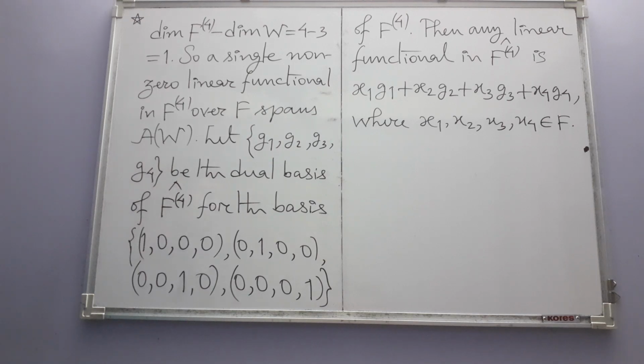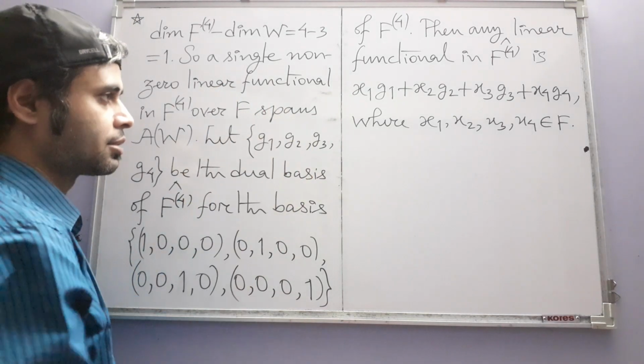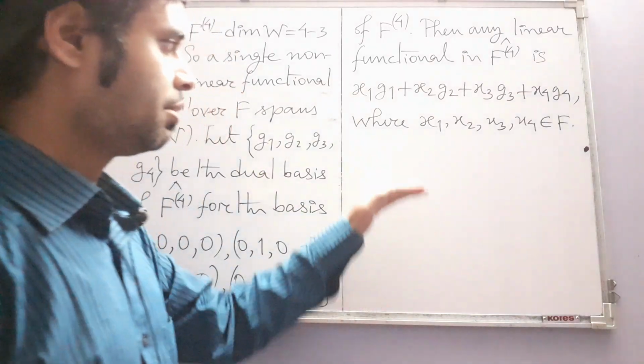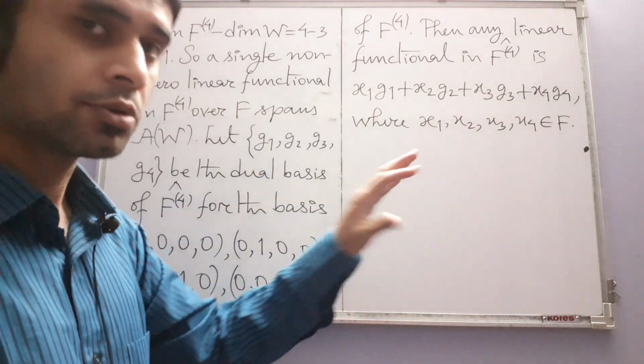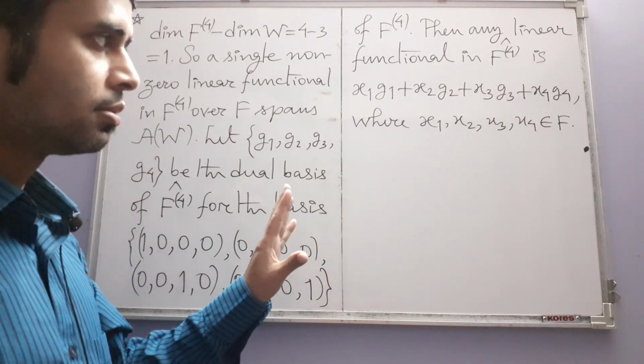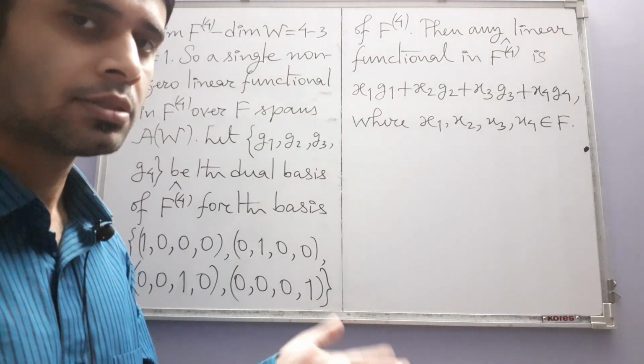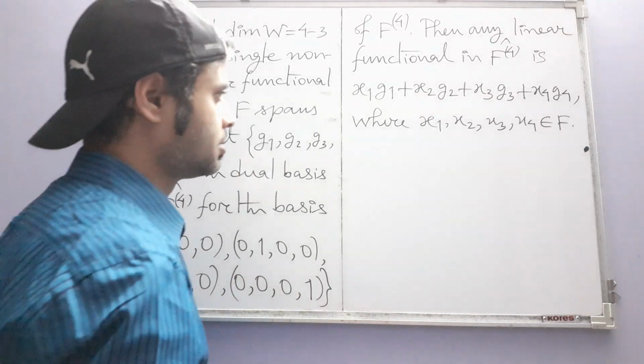Again, we seek those linear functionals that will make our 3 vectors that are given vanish. That is, it makes all of them vanish.